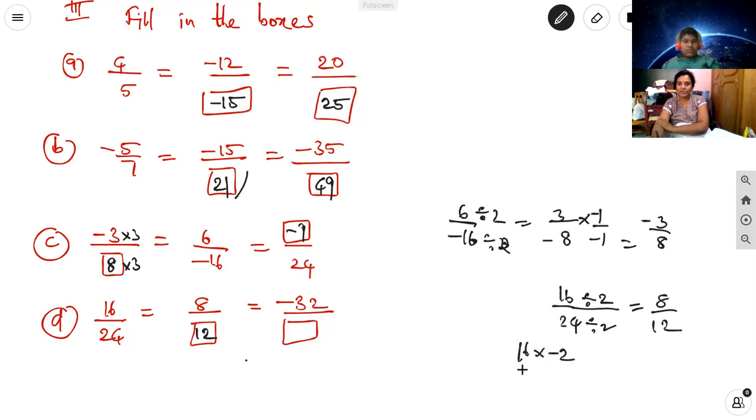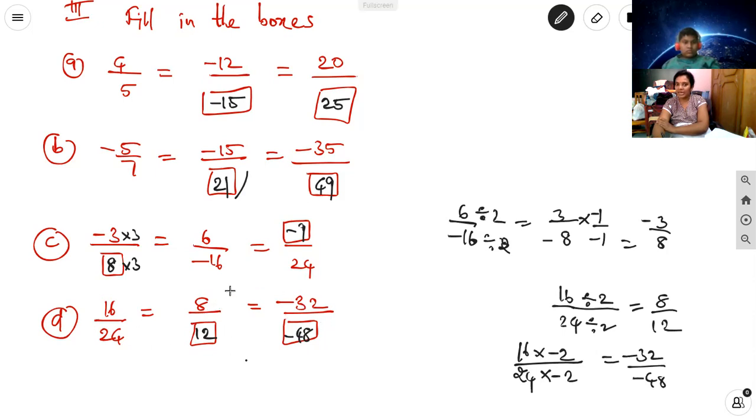But it has a negative, so you should multiply with minus 2 in the numerator and denominator. 16 twos are minus 32, 24 twos are minus 48. So it should be minus 48. So the standard form of 8 by 12 is 2 by 3.